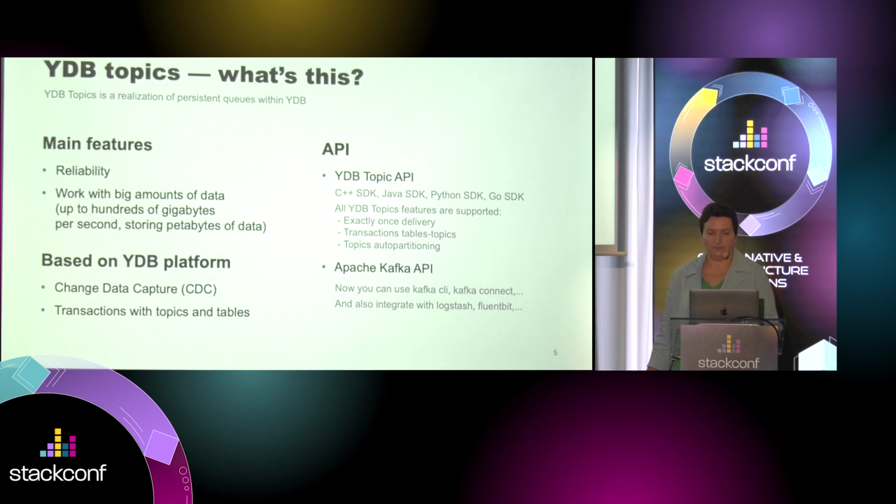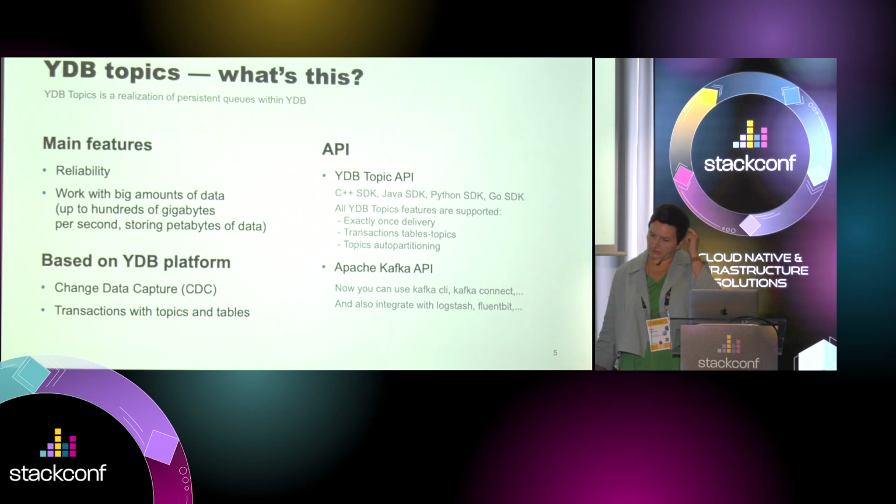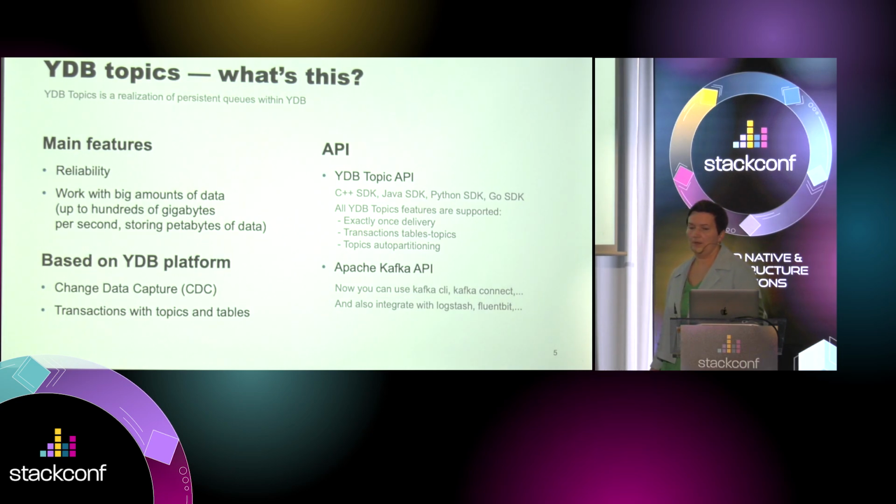As YDB topics are based on the YDB platform, it allows us to do close integrations. For example, we have change data capture, when you capture changes from some table and stream them into a topic to some outer consumers. And we now have transactions with topics and tables.